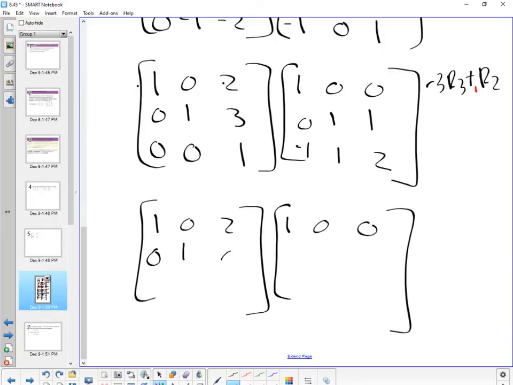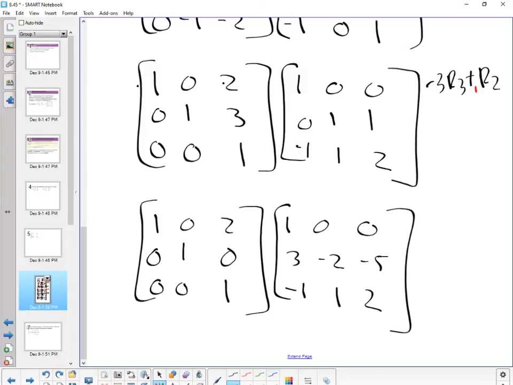That's going to give me 0. Negative 3, that's going to give me a positive 3 now. Positive 3. This will give me negative 3 plus 1 is a negative 2. This will give me negative 6. Negative 6 plus 1, negative 5. And then this last row is not changing. So 0, 0, 1, negative 1, 1, 2.